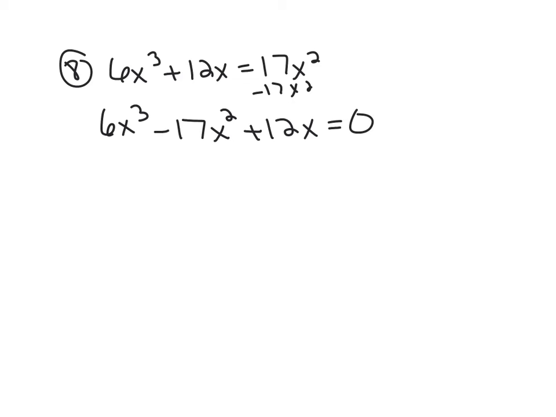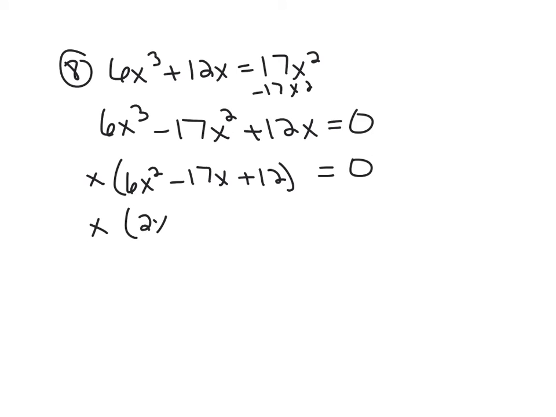Next, I'm going to take out my greatest common factor, so my x. So now I have 6x squared minus 17x plus 12. Next, I have to factor what's in my parentheses. 2x minus 3, 3x minus 4.